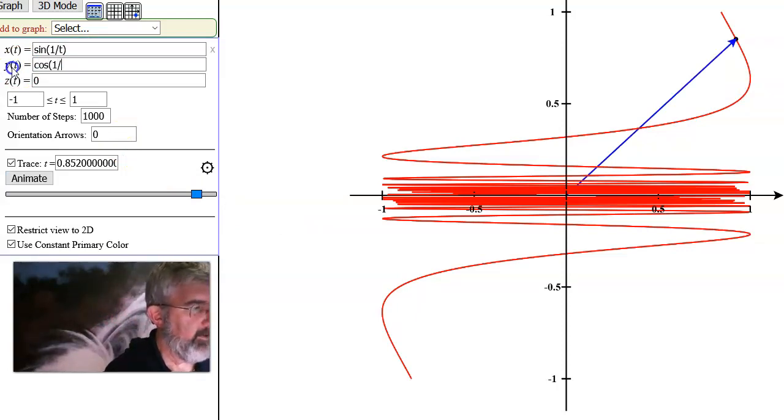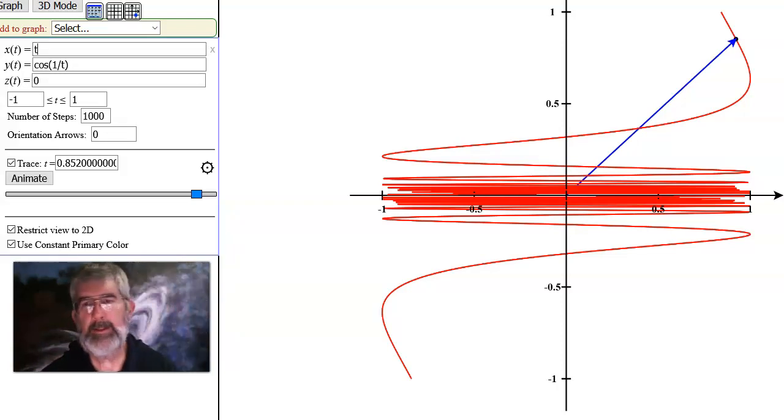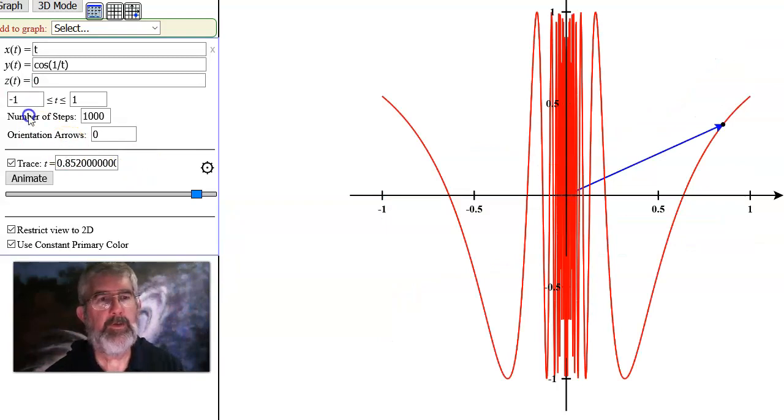Likewise, let's put this back to cosine 1 over t and see what, sorry, that was x, I have it as sine. Whatever, it is sine and cosine, or cosine and sine, still the unit circle, just which direction you're going around it. I want to turn this one into a t now so you can see what that looks like. So this is the y, which I have as cosine here.